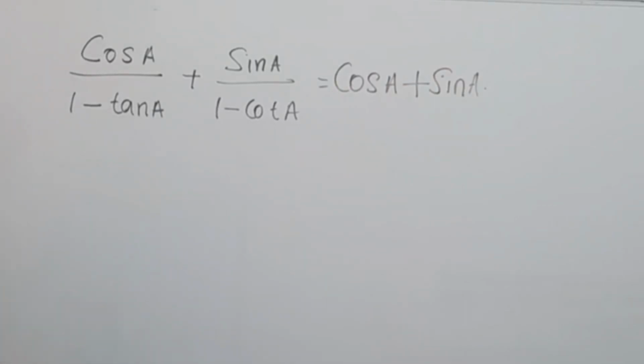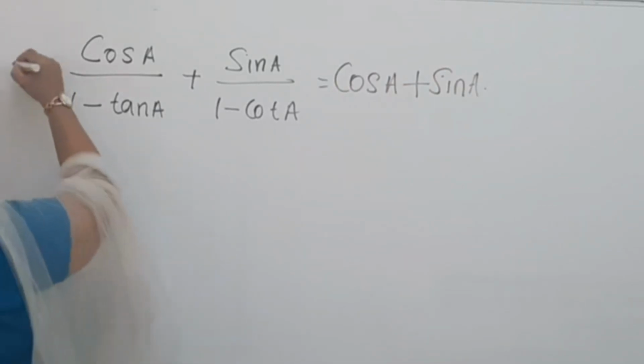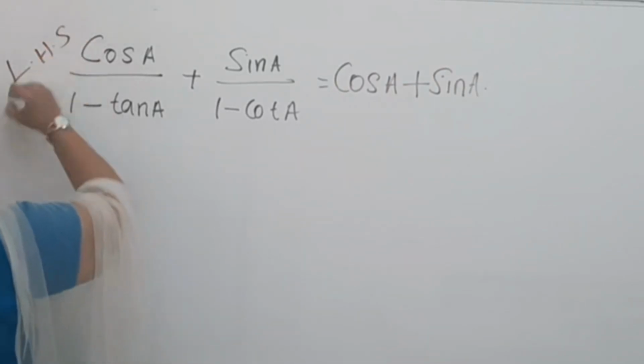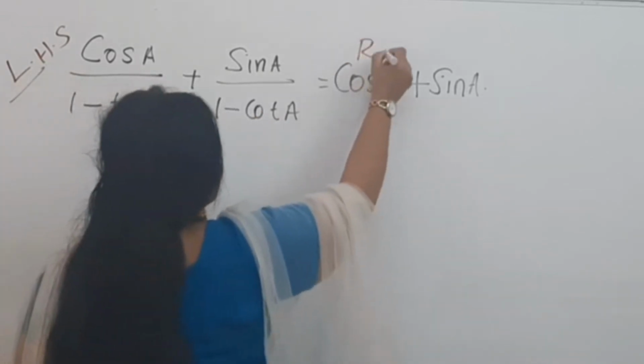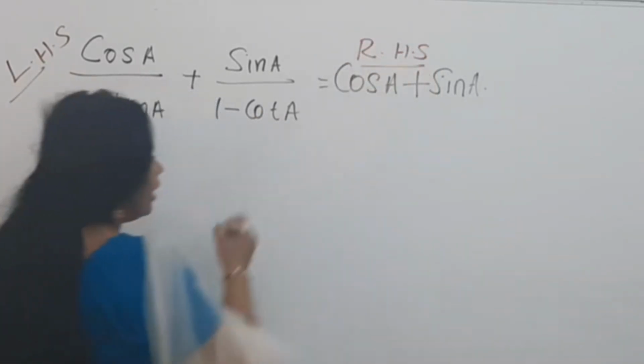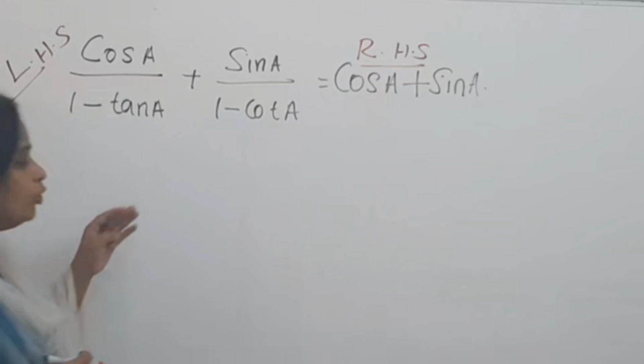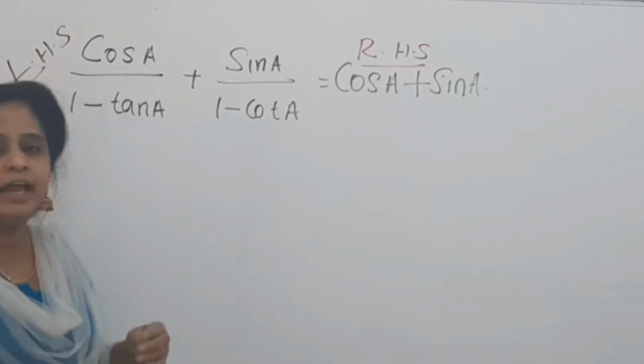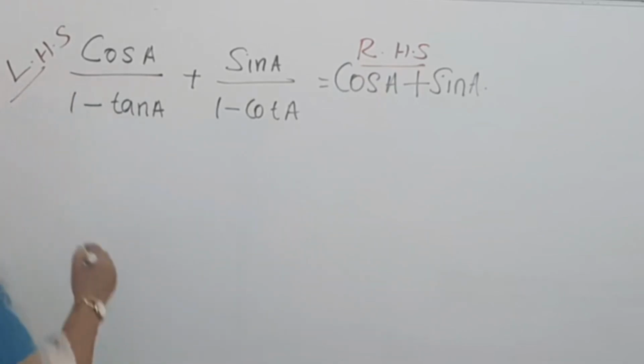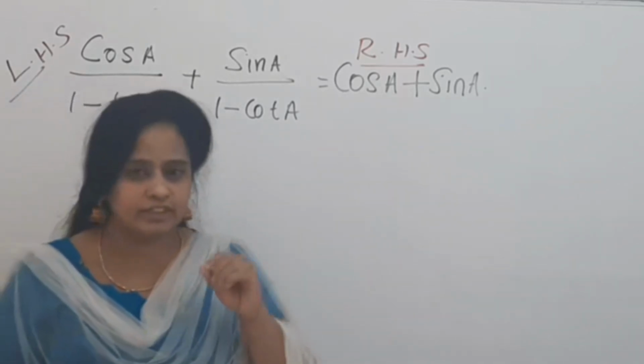Now, in proving these identities, this is your LHS and this is your RHS. So I'm going to take my LHS and bring it to the RHS. So consider my LHS. Now I'm going to give you the first step.